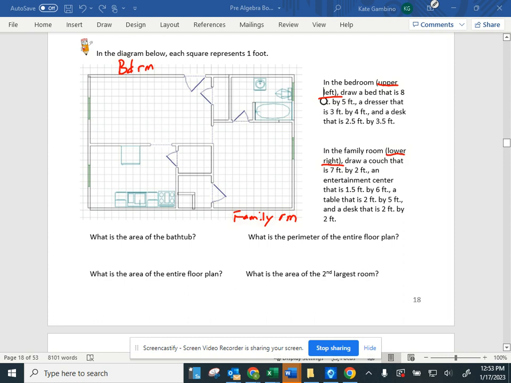Emily. How would you do it if each square represents 1 foot and the desk is 2.5 feet? So how would we do something that's half of a foot? Think about when we were doing our graphing with the Grinch, and it was a 3.5. Did we go right on the line? No, we went halfway.